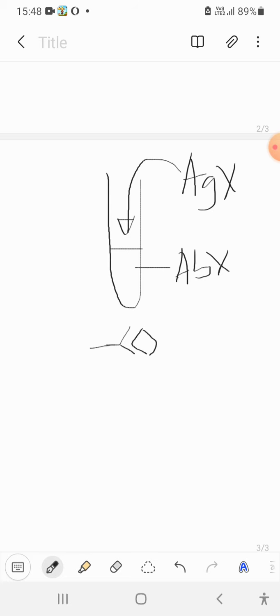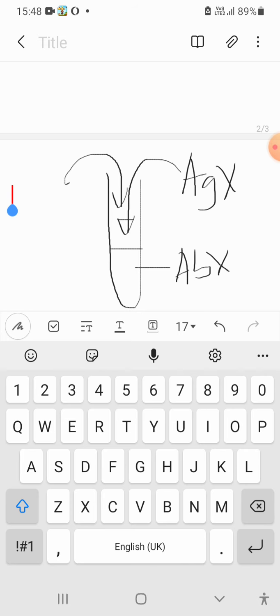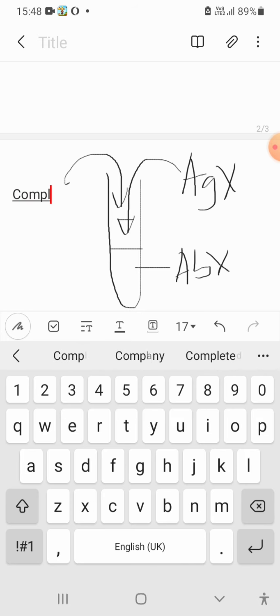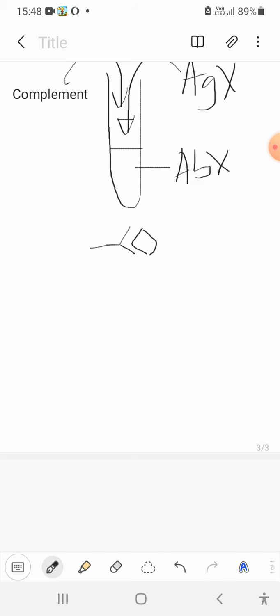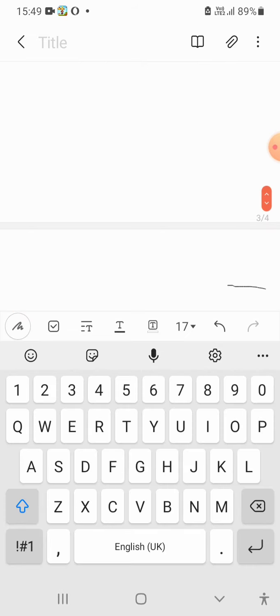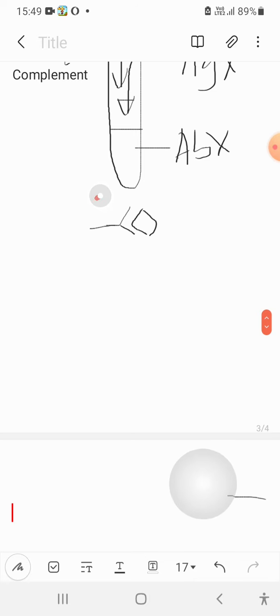Then I add a complement. So when I add the complement, when the complement reaches this mixture, it will get this complex, antibody antigen complex.